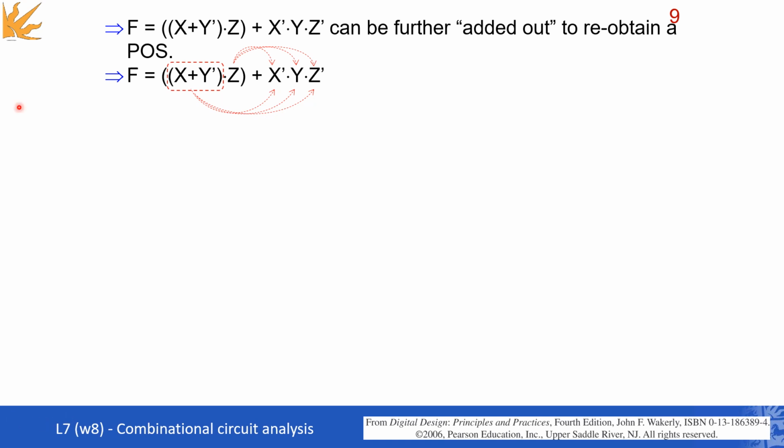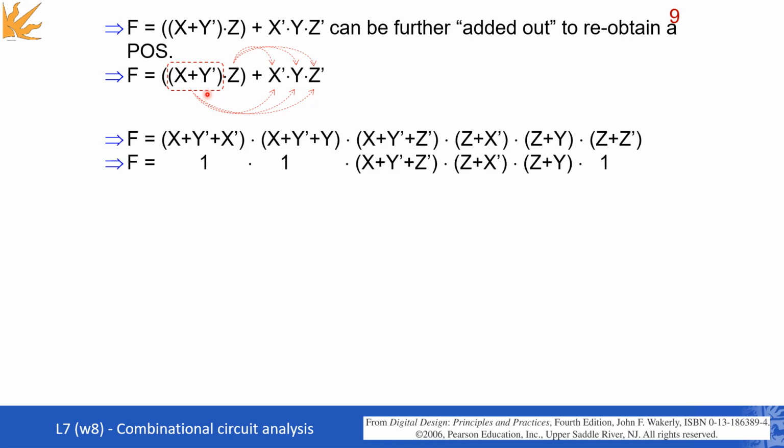Now, doing things a little bit differently, the simplified function that you have here can be further added out to reobtain this time the product of sums. Just check out the mathematical operations. We take x or y dash. You do this once for x dash, then you do it again for y, and then for z dash. So for the first time that you did this plus this, you end up with this term.